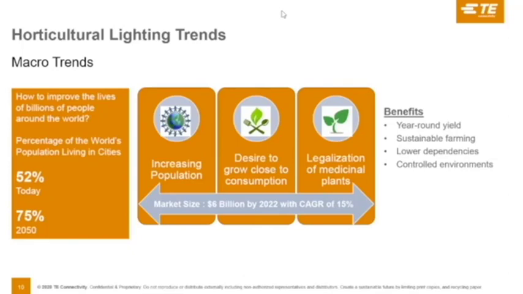So with that type of product offering, and with the need for interconnection solutions for lighting for these type of applications, we addressed it, and we addressed the benefits of the marketplace. We addressed the need for year-round growth, sustainable growth, and growing in a controlled environment.